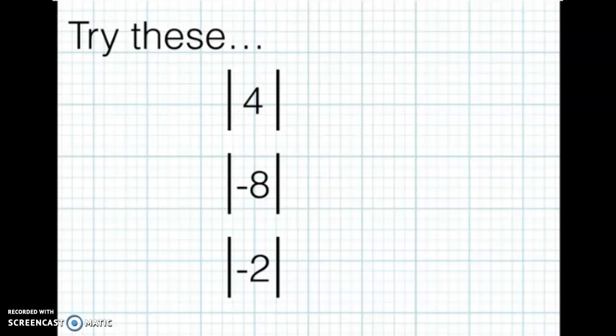Ready to check your work? The absolute value of 4 is 4. The absolute value of negative 8 is 8. And the absolute value of negative 2 is 2.